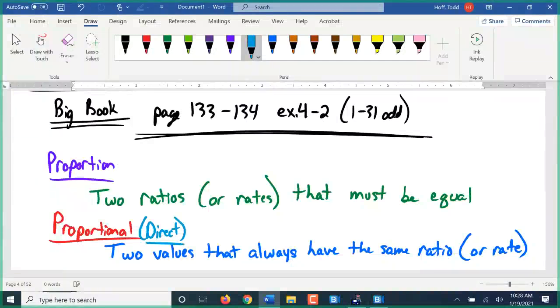More specifically, directly proportional, or a direct proportion relationship, a direct relationship. Let's talk about proportions here.